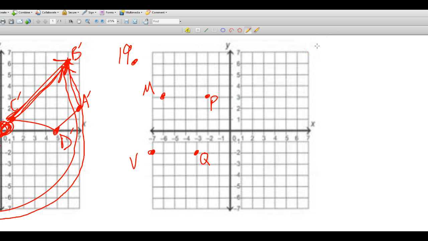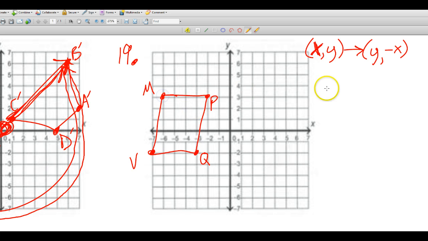So the rule for 270 degrees is that (x, y) maps onto (y, -x). So connect your vertices for your preimage, and then M, the preimage is (-6, 3).